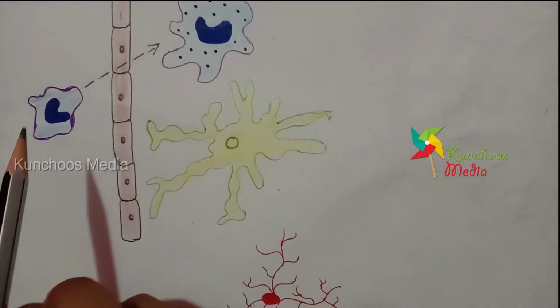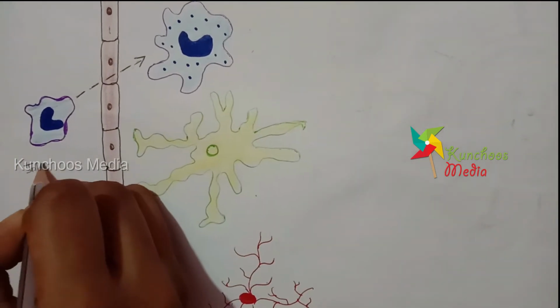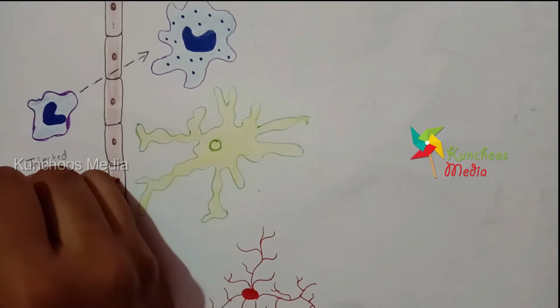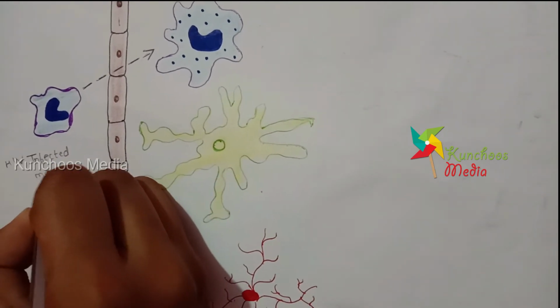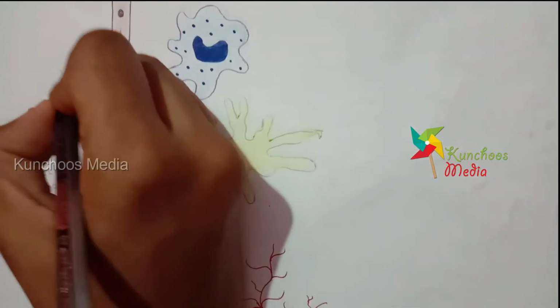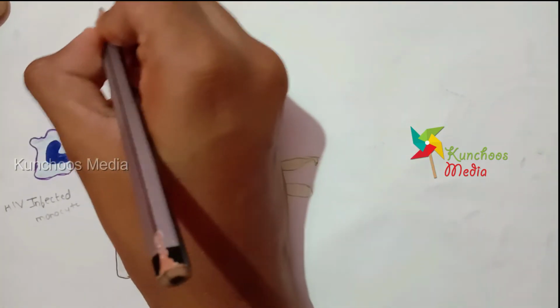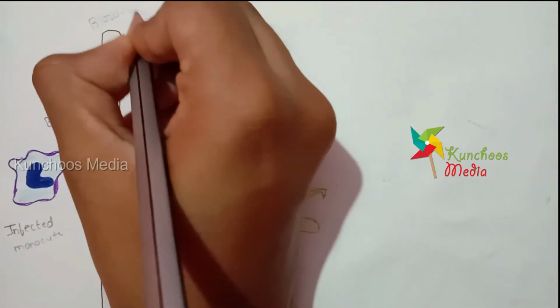Now moving on to how the virus affects our nervous system. This is the infected monocyte cell, specifically an HIV-infected monocyte. Before that, I'll say this is our blood and this is our central nervous system, and they are separated by the blood-brain barrier.